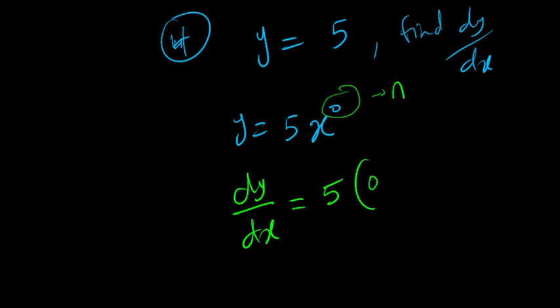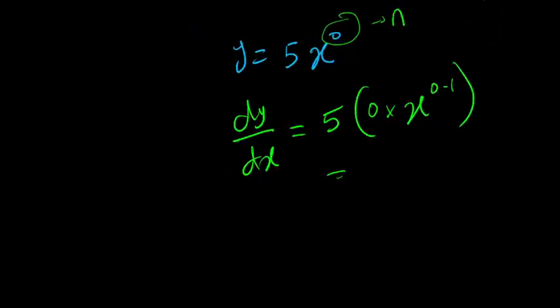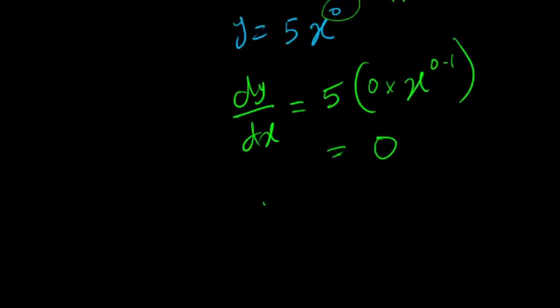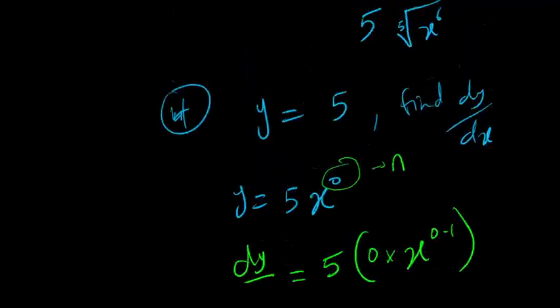We have 0 times x raised to power 0 minus 1. Anything times 0 is 0, so we have 0. That means if you are differentiating a constant, you are going to have 0. Let's say we have y is equal to 8. It doesn't have anything, so your dy dx is 0. They don't waste time on it.